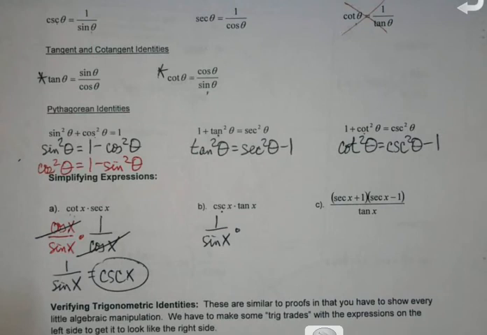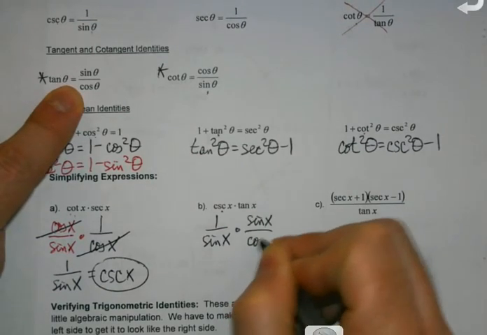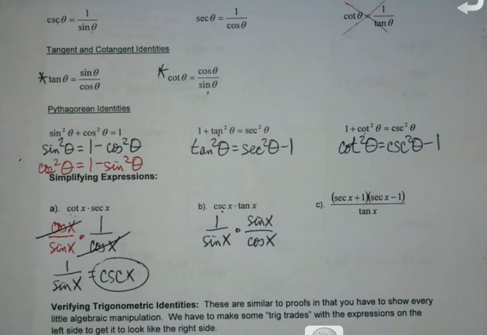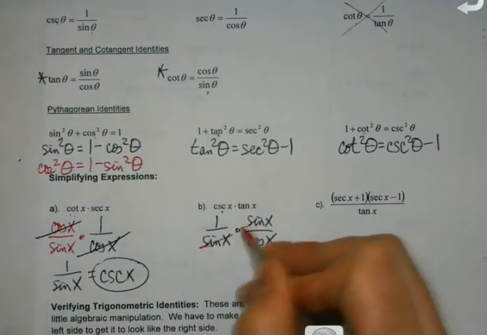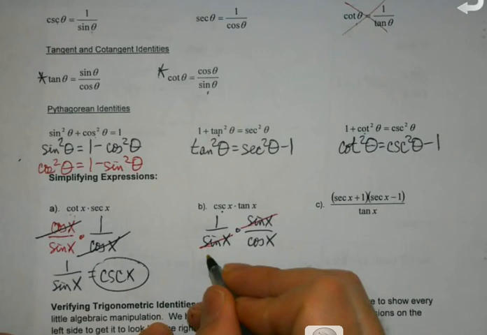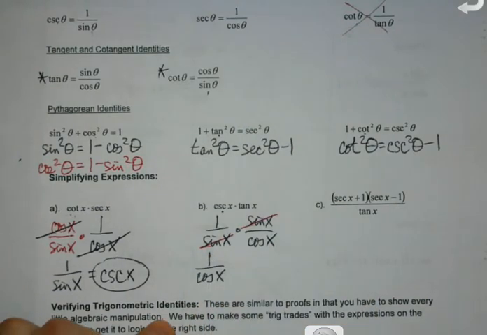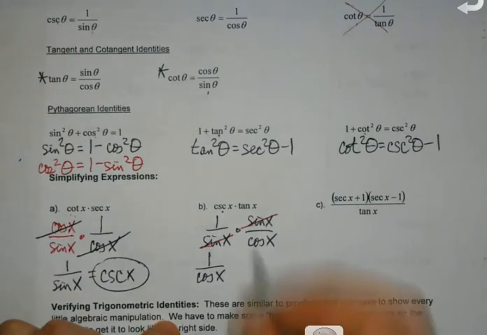Sine over cosine. Once you manipulate, cancel if anything is cancelable. I end up with 1 over cosine, which is the equivalent of what? Secant.